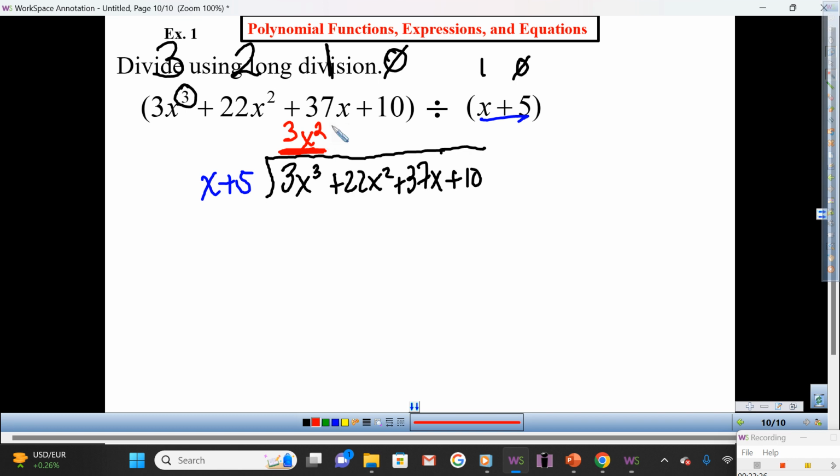Okay, hold your horses. You'll copy in a little bit. Now that I have it, I'm going to multiply this one times these two terms and write it underneath. What is 3x squared times x? 3x cubed. What is 3x squared times 5? That's 15x squared. Hold your horses.